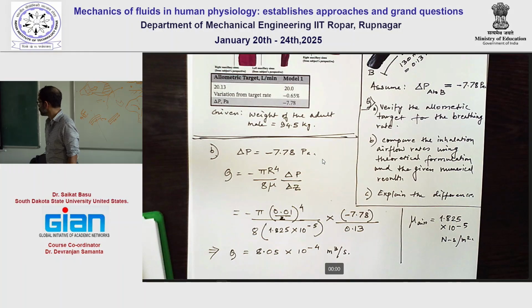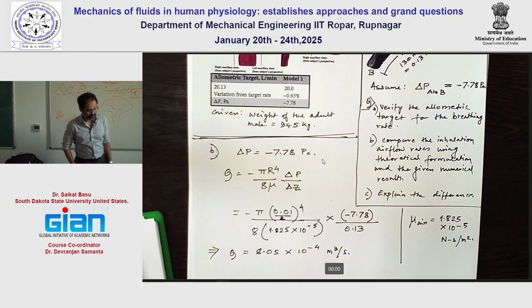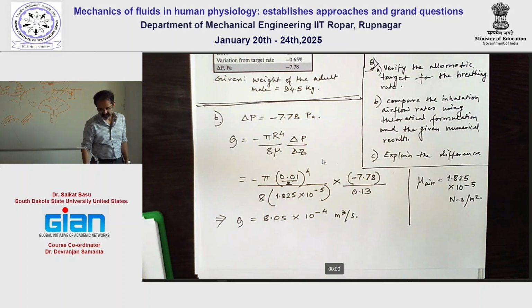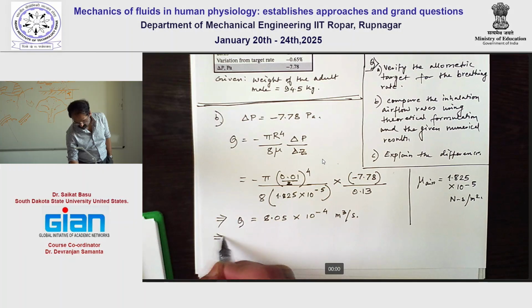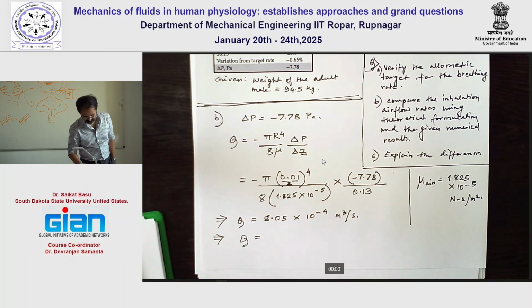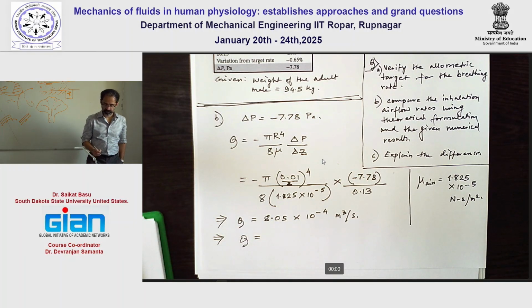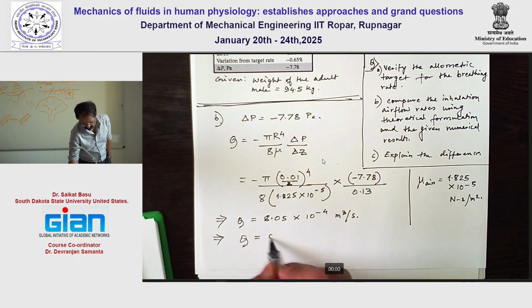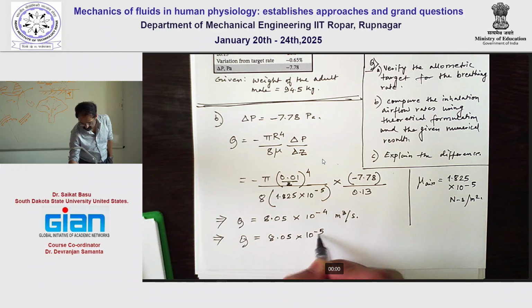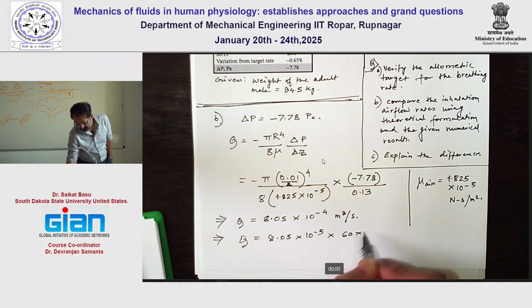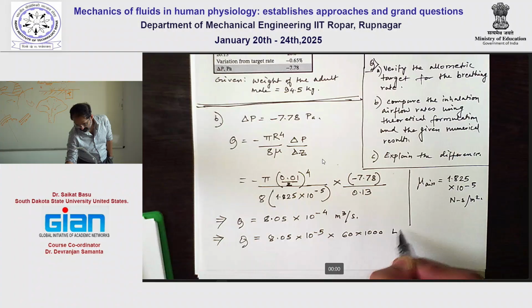So meter cube per second, but we have to convert this to liters per minute. So do that. You have to multiply by 60 and then 1000 for the conversion.